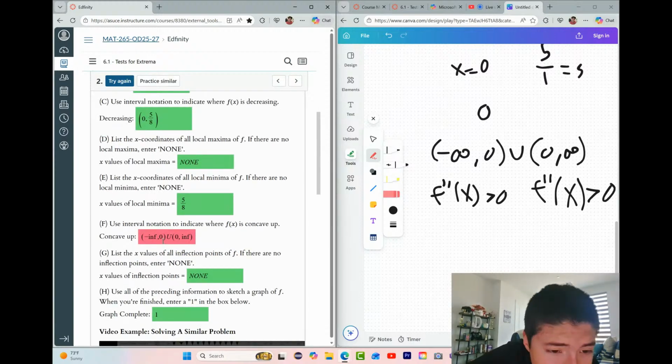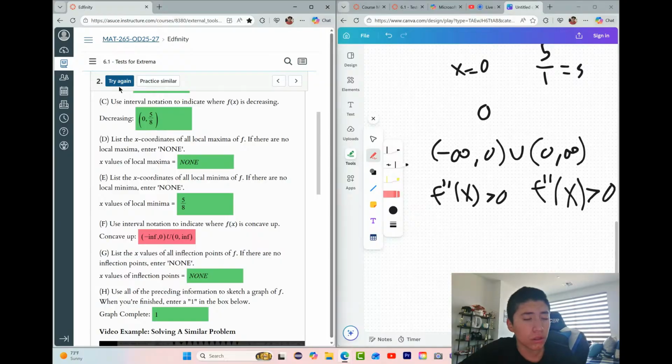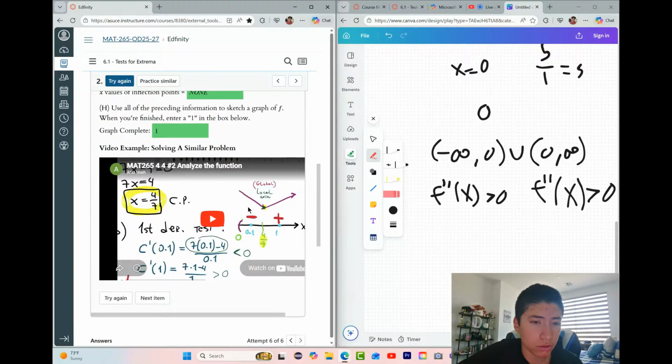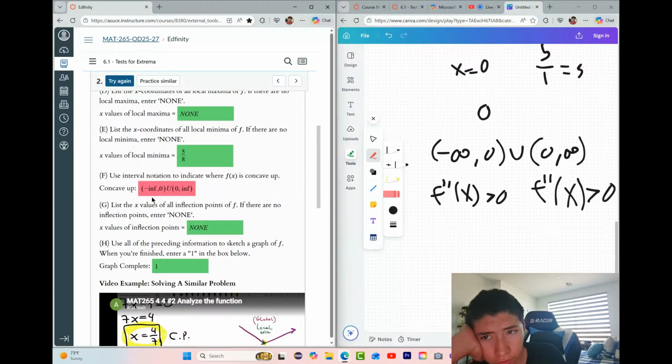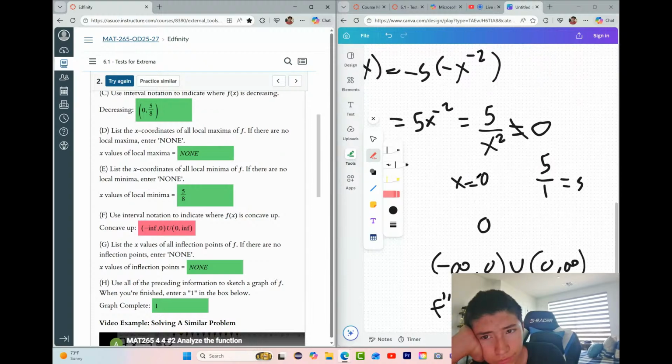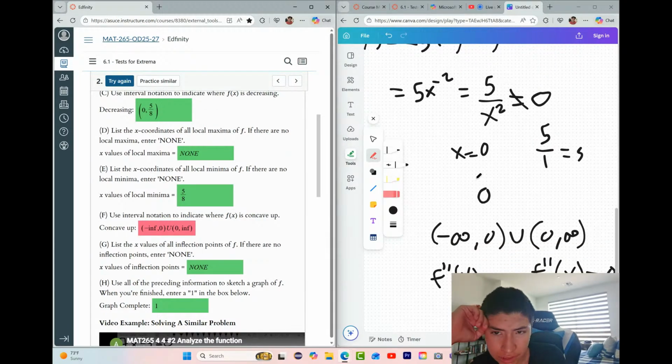We have concave up throughout negative infinity all the way to positive infinity. Let's see.